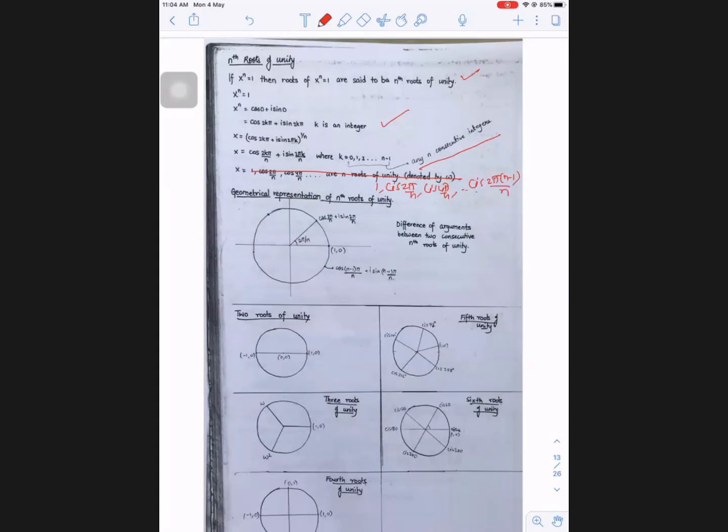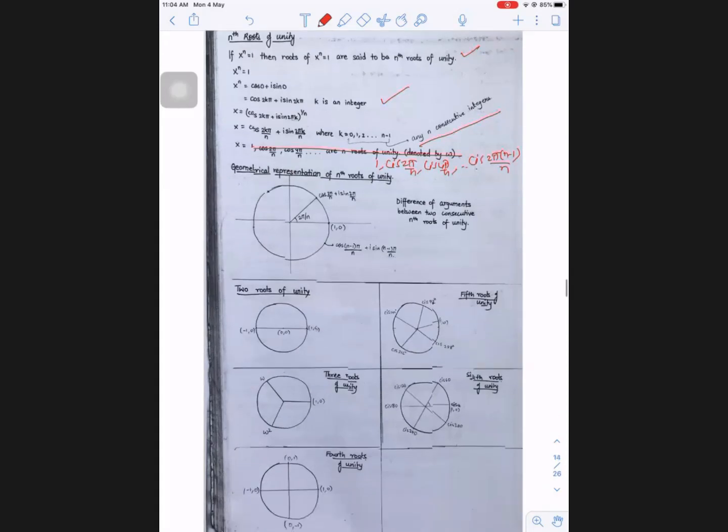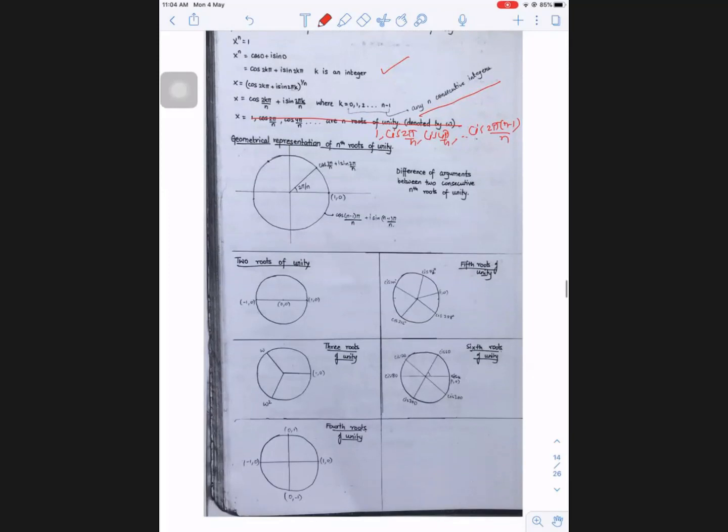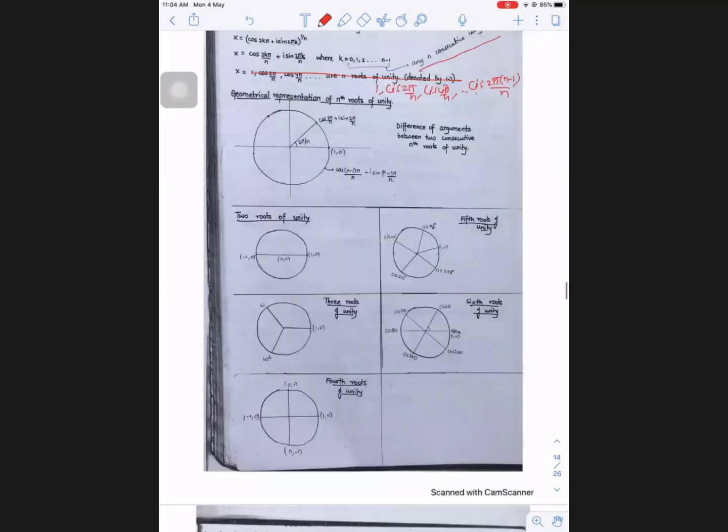Now geometrically, what do the nth roots of unity mean? All of them lie on a unit circle, and between every two consecutive roots, if you assume this is 1 and this is cis 2 pi by n, the next root, then the argument difference is 2 pi by n.